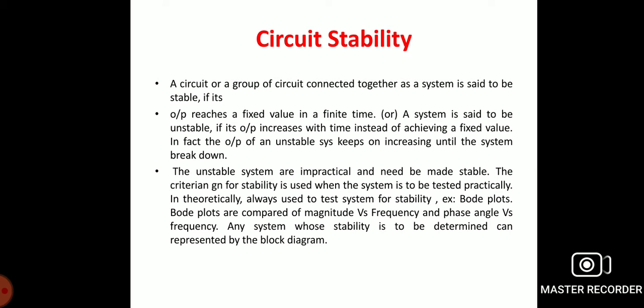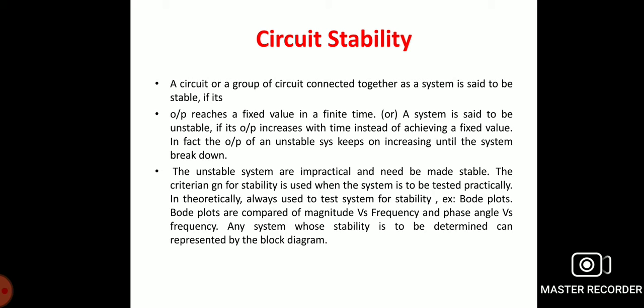The criterion of gain for stability is used when the system is to be tested practically. Theoretically, it allows the user to test a system for stability, for example, Bode plots. Bode plots compare the magnitude versus the frequency and the phase angle versus the frequency.